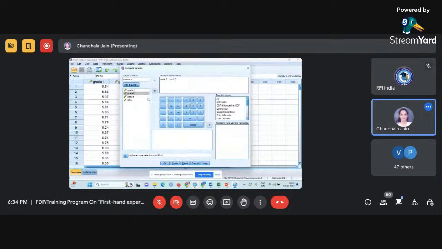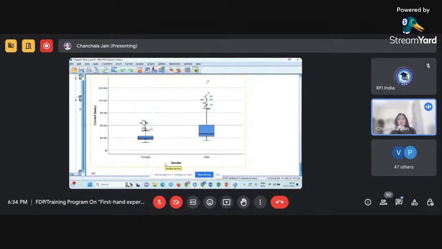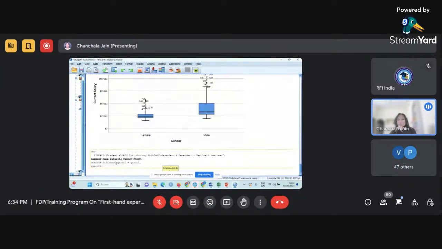Okay, fine. So for the difference, you need to write the target variable name here, and you need to only shift Grade 1 and Grade 2, separating them with the minus sign. And then you can press on OK to generate the difference. So may I press on OK? Once I click on OK, you can see the output viewer of SPSS.